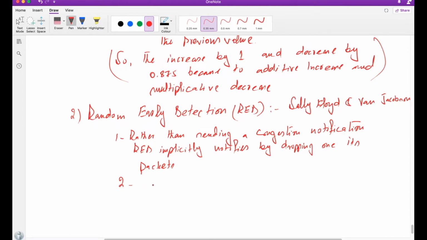RED decides when to drop a packet and what packet to drop based on a drop probability, right?